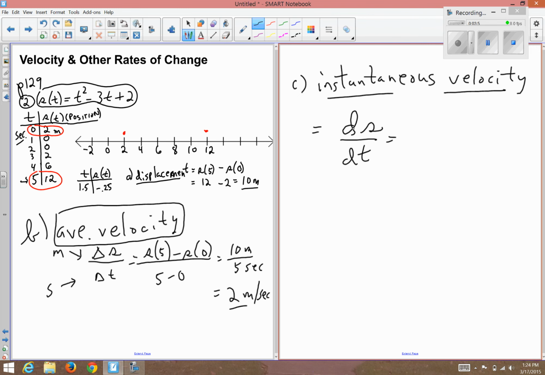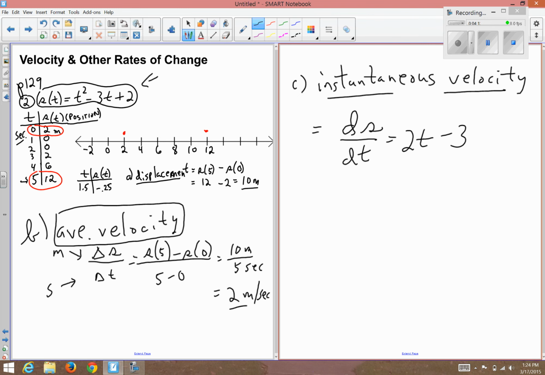Instantaneous velocity, ds over dt. Which, now that we know the differentiation rules, the derivative of s with respect to t is 2t minus 3 plus 0, because the derivative of 2 is 0.